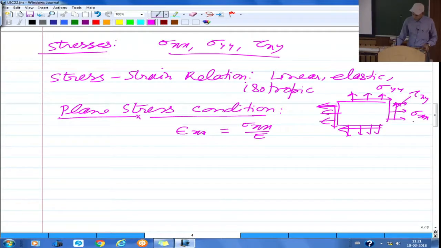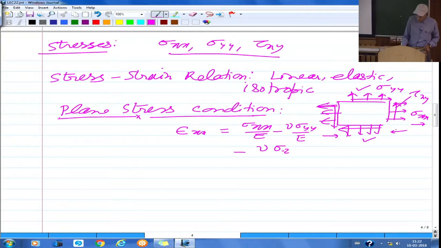Then when you are trying to elongate in this direction, this is the contribution. But when you have a normal stress in the y direction also, that will have a tendency to contract the dimension along the x direction. So you have that term contributing minus Poisson's ratio nu times sigma yy by E. Then if you also have the stress along the thickness direction, that will also try to reduce the dimension along x.